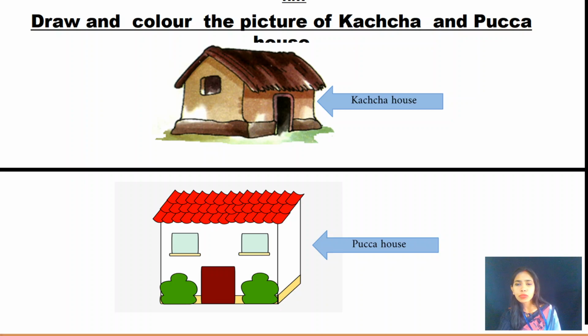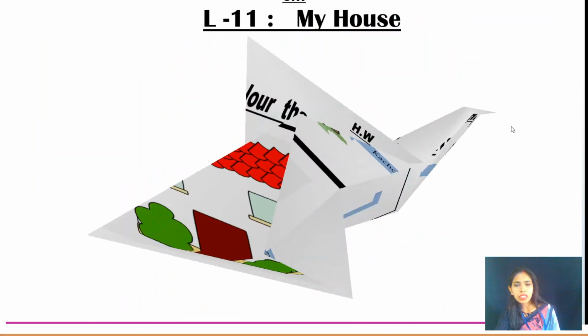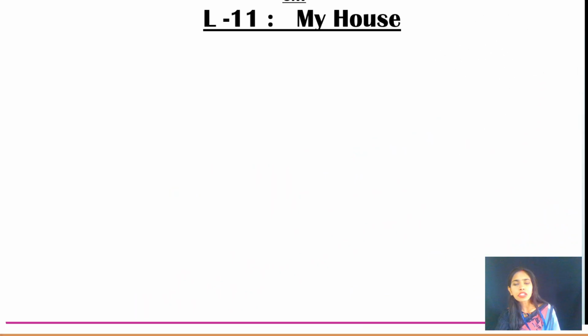There we are going to do the classwork. What we are going to do? Classwork, right? So now I will just show you the next page. Give me a second, and in the next page please write down the classwork, and in the first line write down the heading, that is lesson number 11, my house.